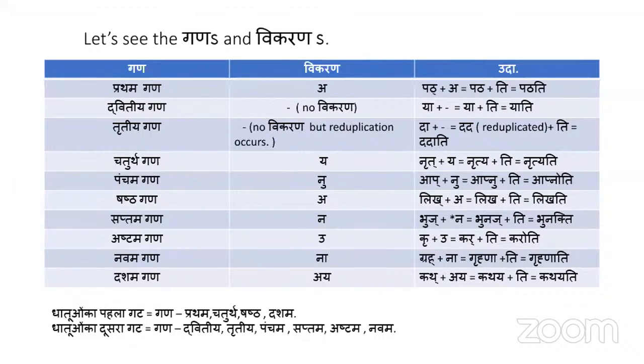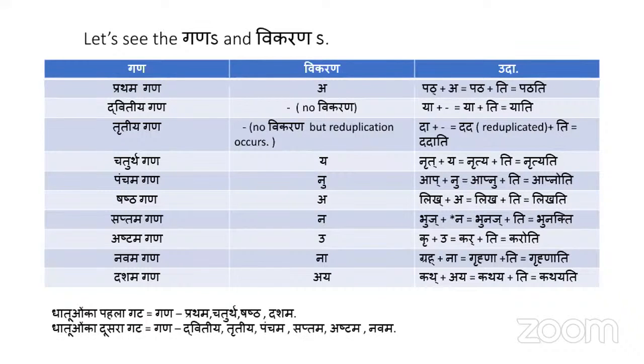So after adding Aya to this Katha, it forms Kathaya. Tha Halanta plus A becomes Tha complete. That's why the Anga becomes Kathaya. And after adding Ti, it becomes Kathayati. So this is all about the 10 ganas and 10 vikaranas.